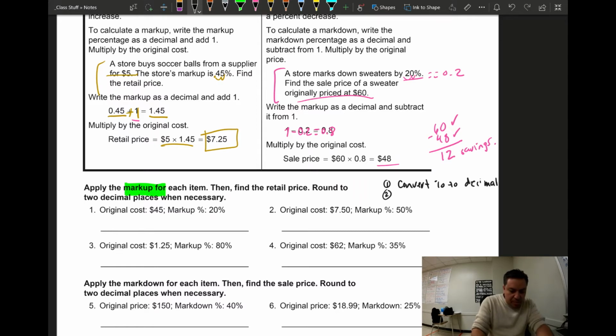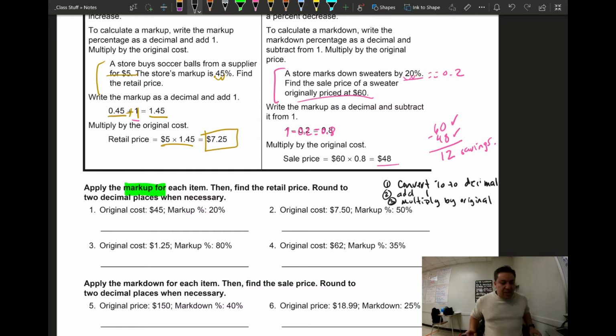Step 2, add 1 to it. Step 3, multiply by the original. Those are my 3 steps to do markups. Okay, so let's do that.